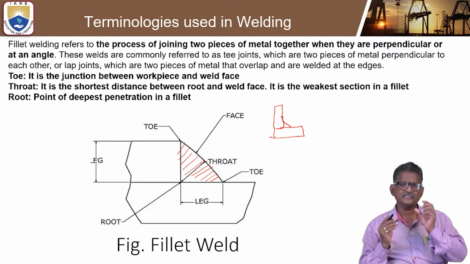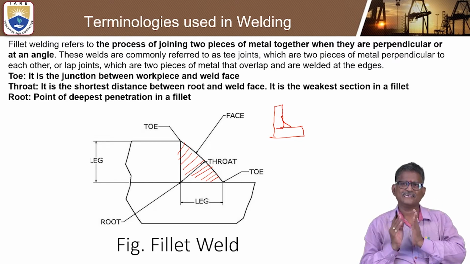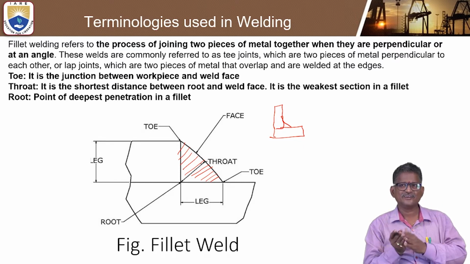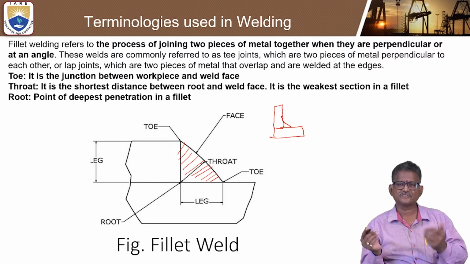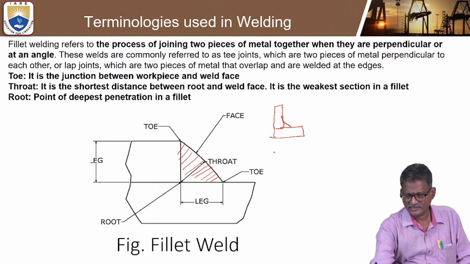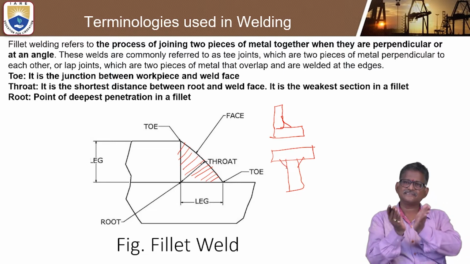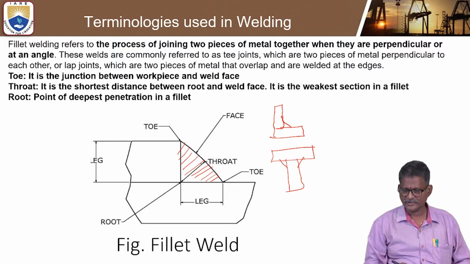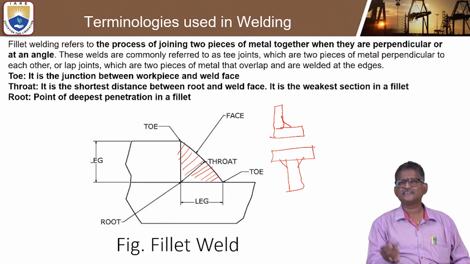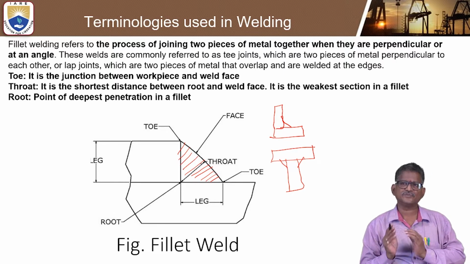And these welds are commonly referred to as a T joint, where the two pieces of metal are perpendicular to each other. Not only an L joint, even a T joint you can perform like a fillet joint. Okay, so like this the inclination will occur. So an L joint or T joint, any type can be used.